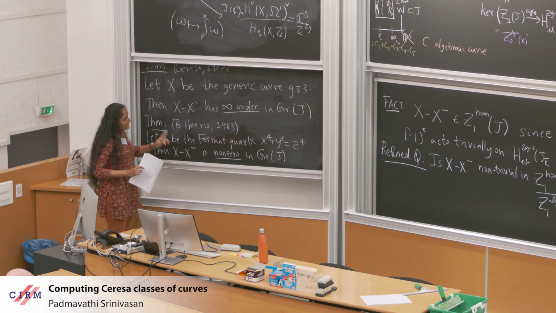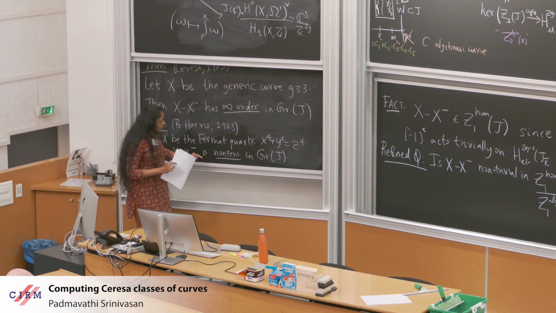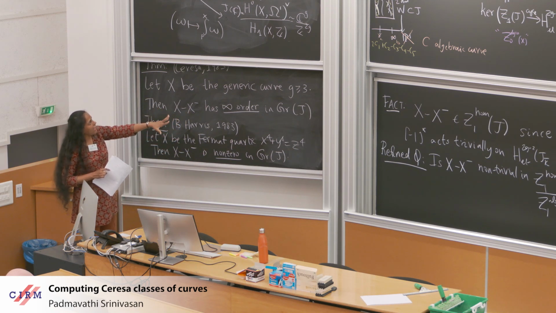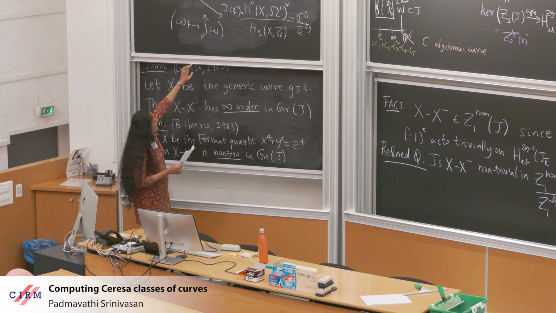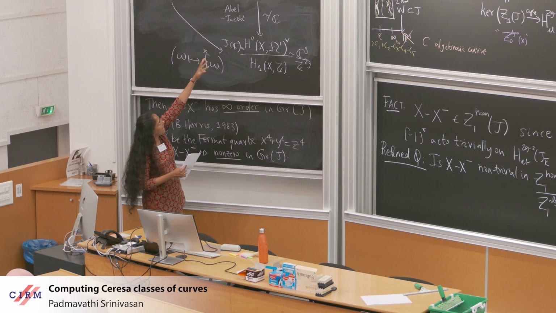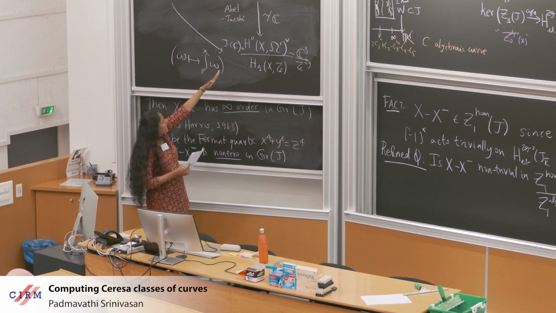I won't describe in detail what he did. Cycles themselves are very hard to get your hands on explicitly. What we do is instead map them into groups we can understand, right? The way to understand divisors on curves is using the Abel-Jacobi map, by integrating differentials against cycles.